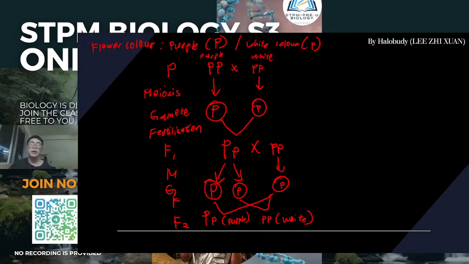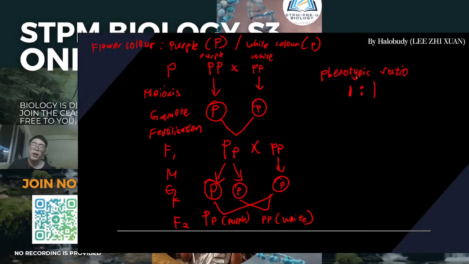Oh, it is very interesting. From this, Mendel could know. The phenotypic ratio you get is 1 to 1. One purple, one white.